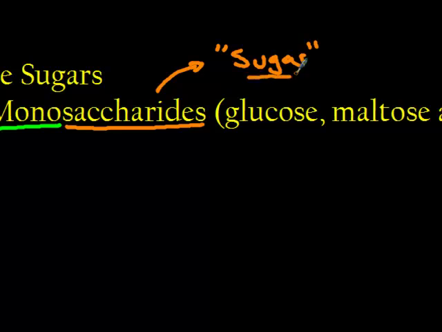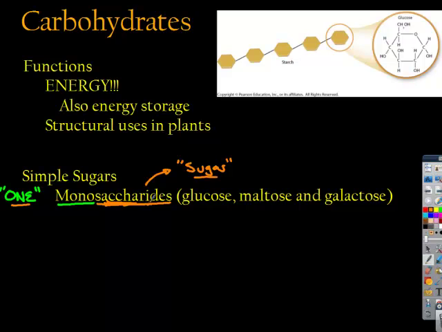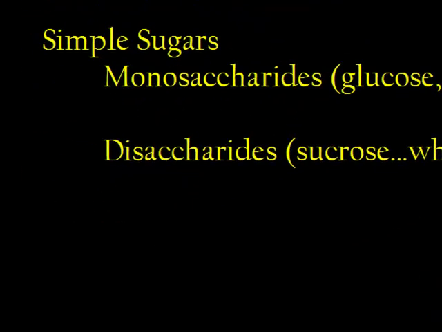There is an artificial sweetener called saccharin, and the saccharide right here has that root. So keep that in mind as you go, that if you see that saccharide, that's going to refer to a sugar of some sort. And then if we put two of them together, we have our small root disaccharide. So di means two. Okay, so you have your monosaccharides, you have your disaccharides.